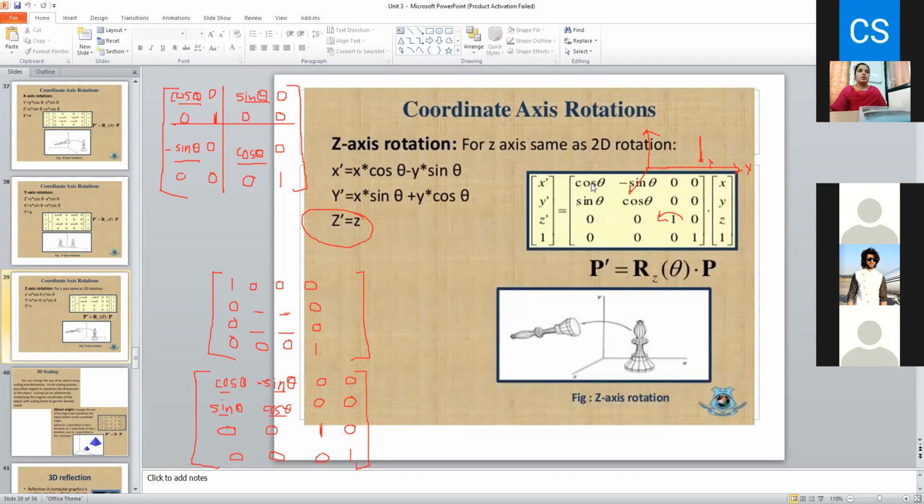Yes, you can see cos theta, minus sin theta, cos theta. This is 1, 1. Remaining all elements are 0. Okay, so that is how we can get the rotation matrix about Z.